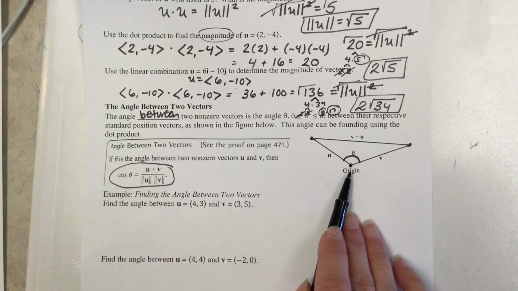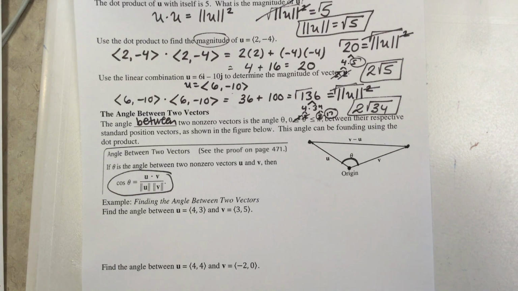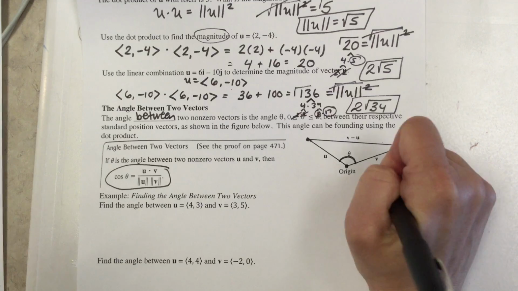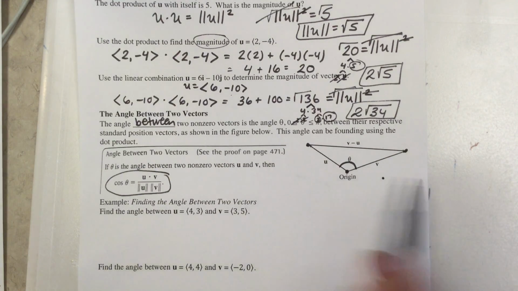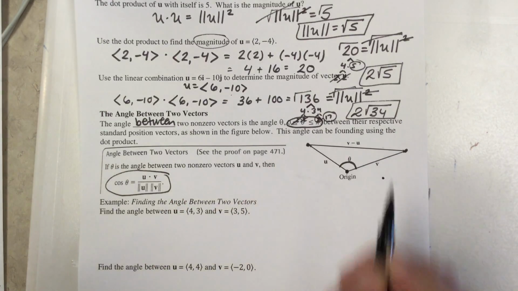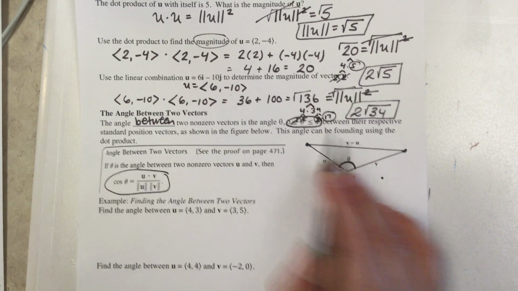And the vectors have to be non-zero, because remember, a zero vector means that you have no length. The initial point and the terminal point are at the same spot. So that zero vector was like, there's a spot, there it is, okay? You can't have an angle in between that. So it has to be a non-zero vector. Here I wrote over mine, but this is showing you that your angle has to be between 0 and pi.